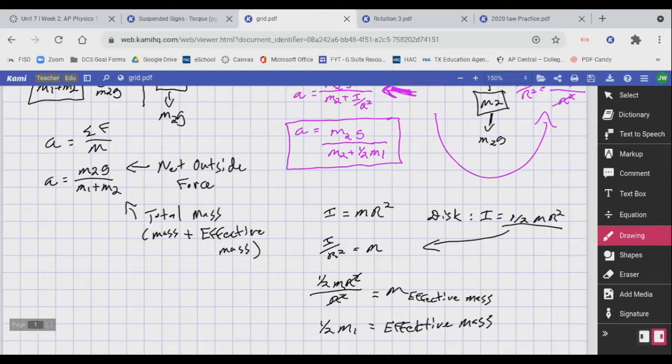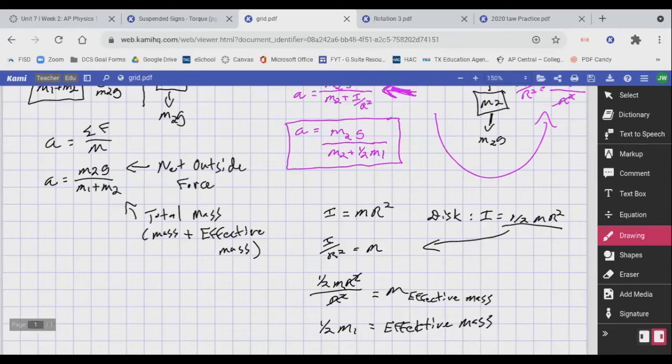What I'm showing you is how do we calculate a resistance to rotate into a mass? Because that resistance to rotate is just like any other mass. If we have a truck, it's harder to push than a car. A bus is harder to push than a car because it's a bigger object, right? It's a bigger mass. It resists acceleration, correct? Well, if we have a large disc or a ring or a sphere or any other rotating object, the bigger its mass, the more it's going to resist rotating, which means it's going to have a smaller acceleration.